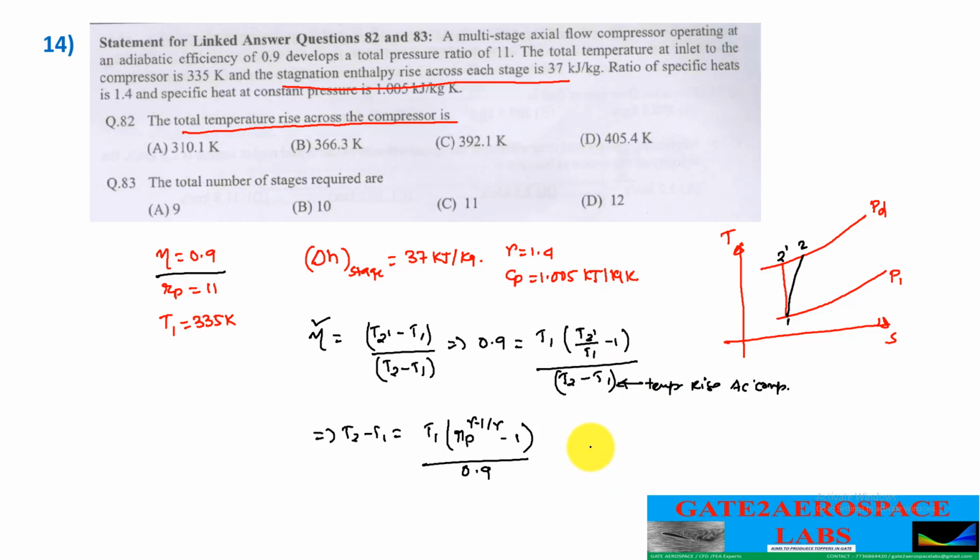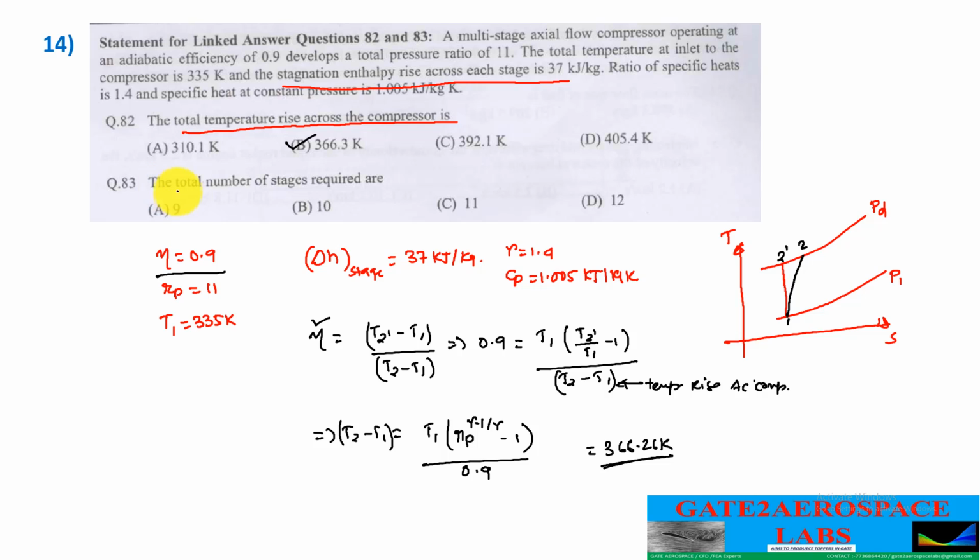If you solve this, you will get T2 minus T1 as 366.26 Kelvin, or about 366.3 Kelvin. This will be our answer.